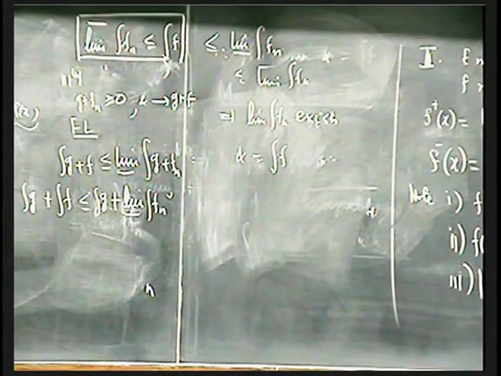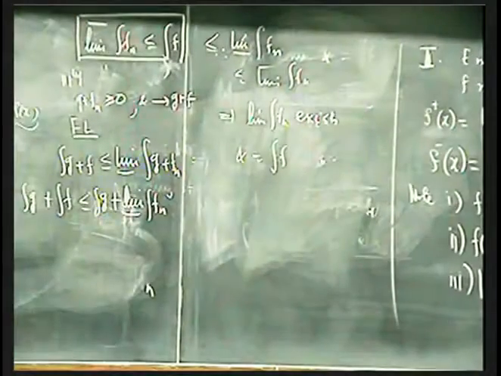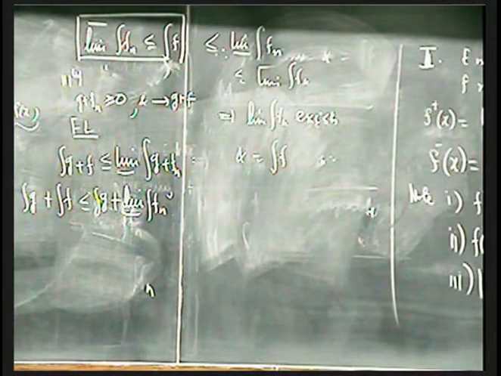So basically, you can have any kind of functions as long as there is one function controlling them all from the point of integrability, then you can interchange the limit and the integration. So all the problems that Riemann had about this limiting process of integration.